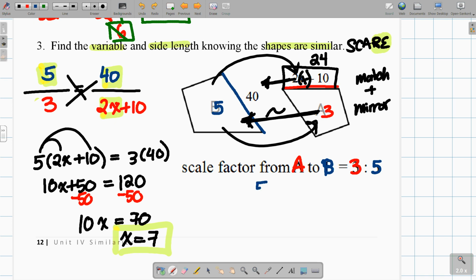Remember, we want 5 to 3, and right now we have 40 to 24. You ask yourself, 40 divided by 8 is 5. 24 divided by 8 is 3. Look, it reduces correctly. So we now know that that 7 was correct.